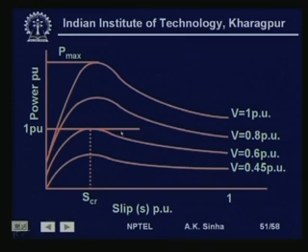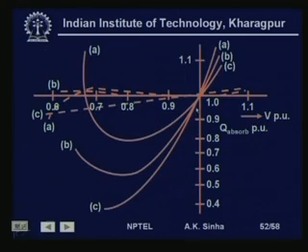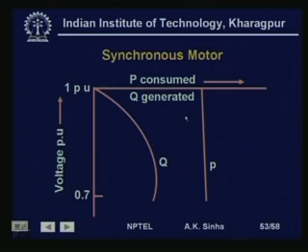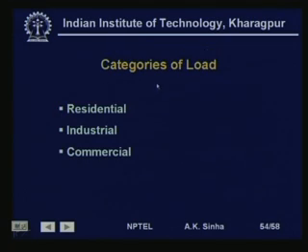We will not go into details of this. This is just showing a family of curves for variation of voltage for P and Q, and similarly for synchronous machine the Q varies like this whereas P varies like this. And there are other categories in which we can categorize the loads: residential load, industrial and commercial load.